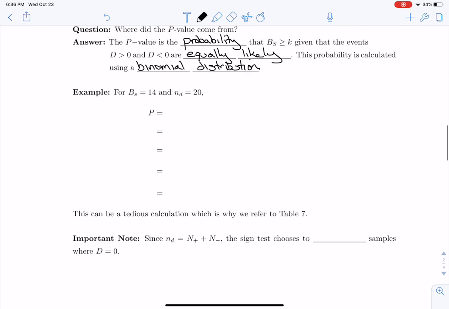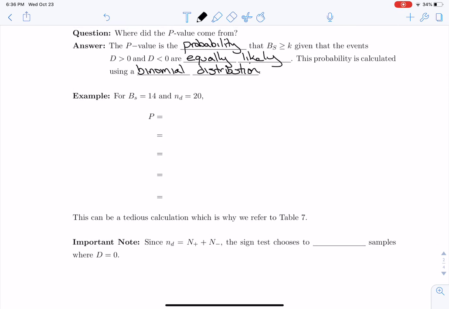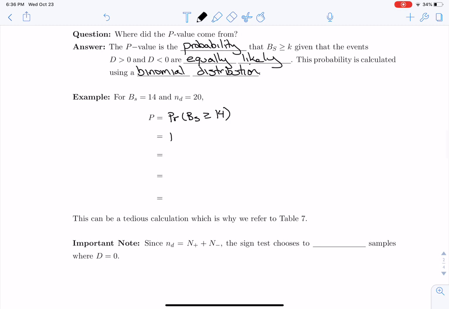So for our test statistic, we had B sub s is 14. Okay, so our p-value is going to be the probability that B sub s, our test statistic, is bigger than or equal to 14. Now there are two ways that we can get a test statistic that's bigger than or equal to 14. The first way is that n plus is bigger than or equal to 14.